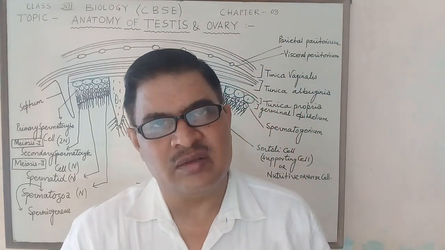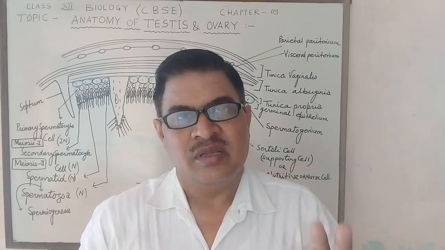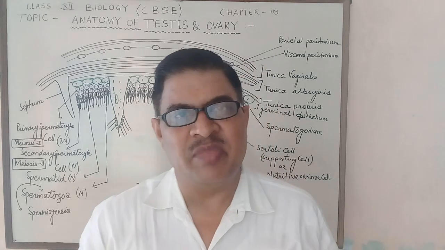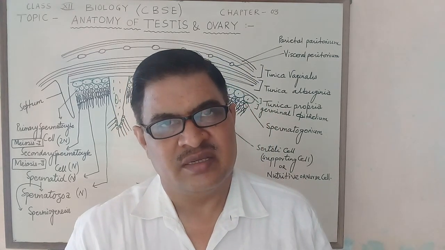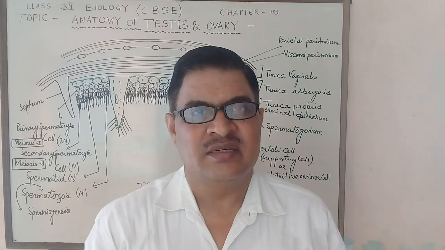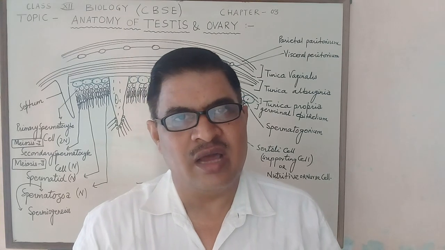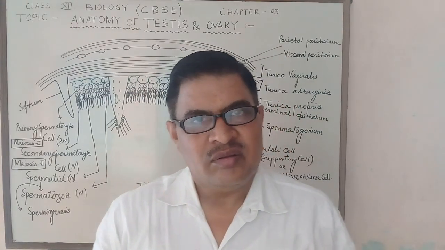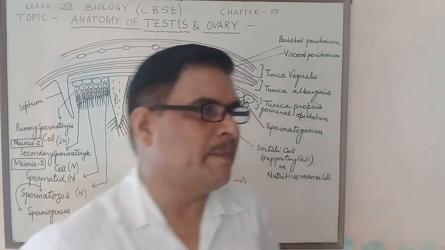Seminiferous tubules are two or three in each chamber. When seminiferous tubules combine, they make the rete testis, and the rete testis opens by the Wolffian canal into the epididymis, and it makes more coils to form the vasa efferentia.